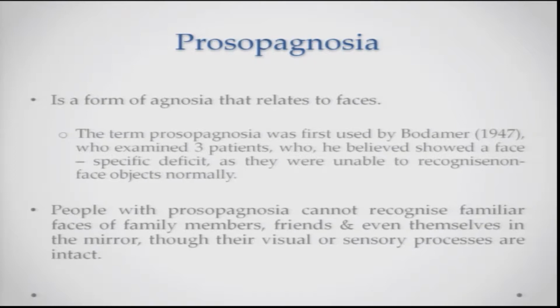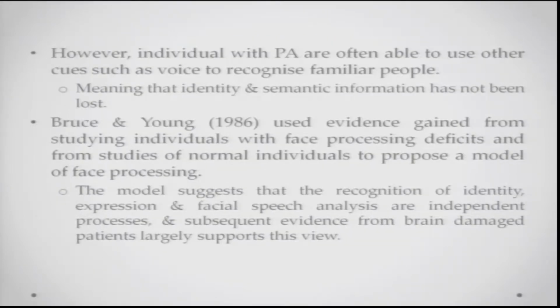People with prosopagnosia cannot even recognize familiar faces of family members, friends, or even themselves in the mirror, though their visual and sensory processes for all other classes of objects are working completely fine. However, individuals with prosopagnosia are often able to use other cues such as voice recognition to recognize familiar people.